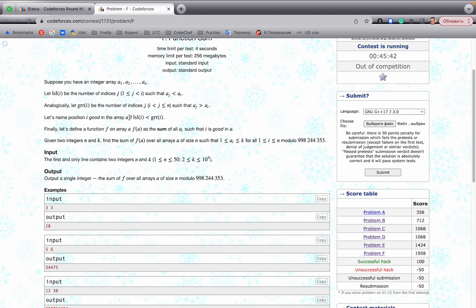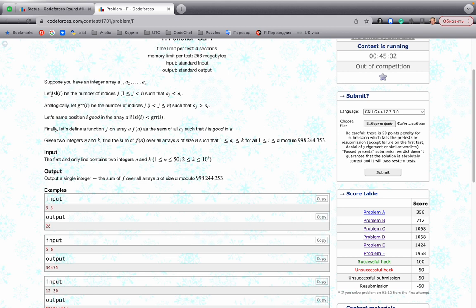The number of elements strictly smaller should be strictly smaller. Oh, this is the guys after i. Okay. Well, that shouldn't change a lot.